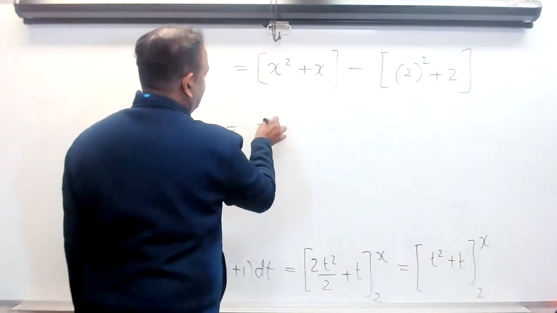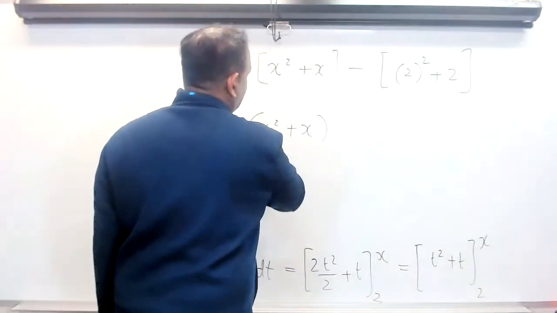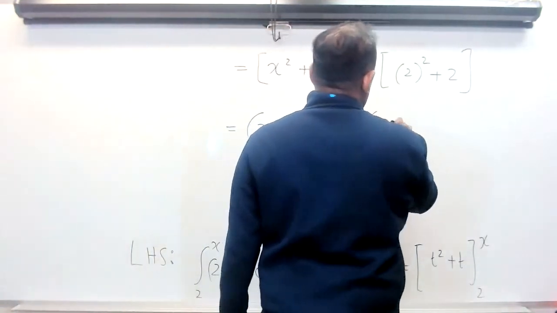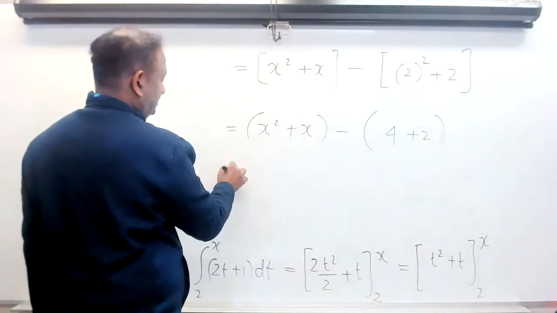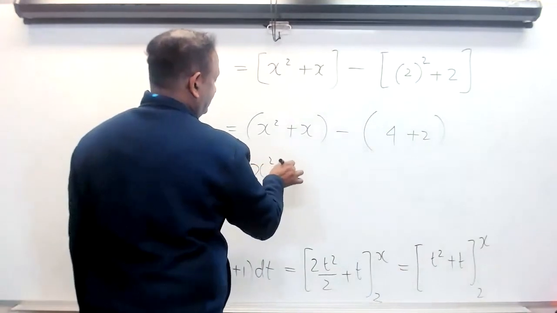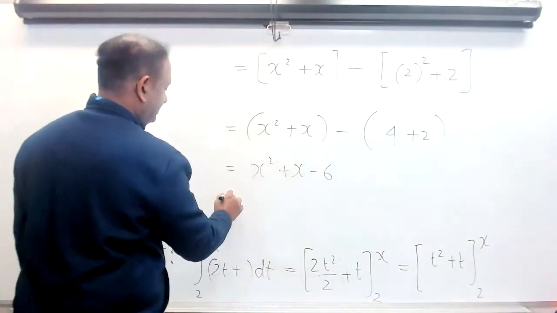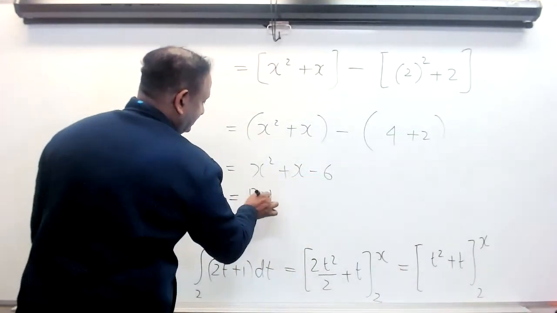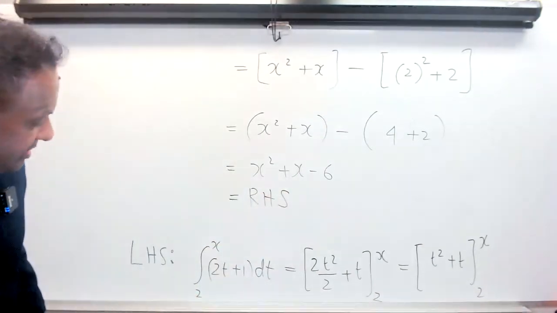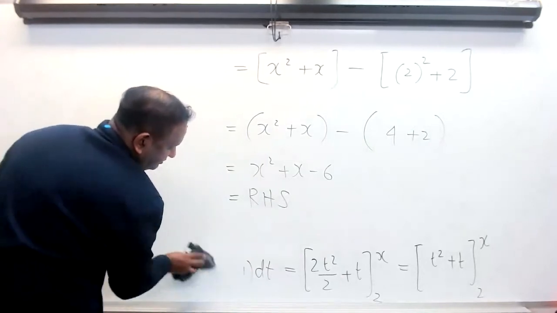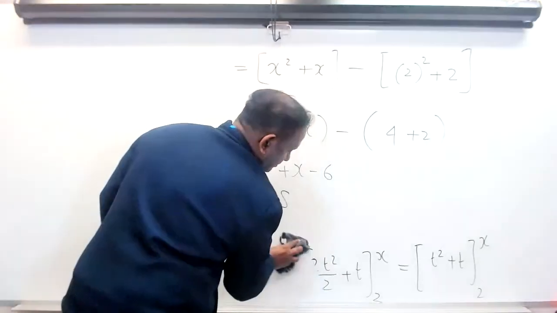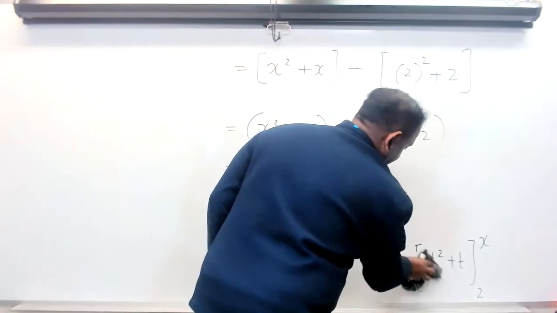This equals x squared plus x minus, this is 4 plus 2. This is nothing but x squared plus x minus 6. Therefore, this is equivalent to the right-hand side. So c equals 2 is a valid value for c.